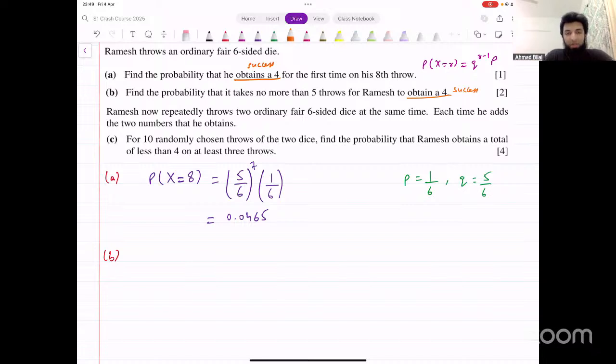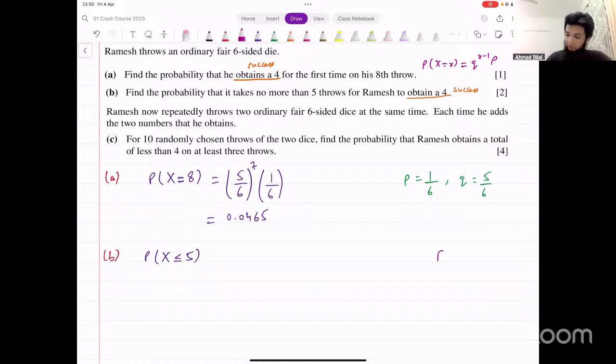How do we understand that? No more than 5. Can it be 5? Yes, it can be 5. Can it be more than 5? No, it can't be 6, 7. It can be 5, 4, 3, 2. So less than or equal to 5. Yes, that's what we're looking for. Probability of x being less than or equal to 5. That's what we want to find out.